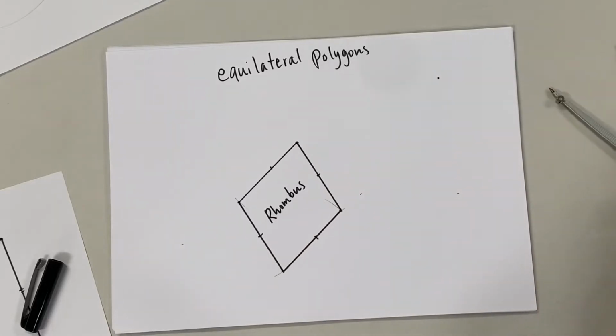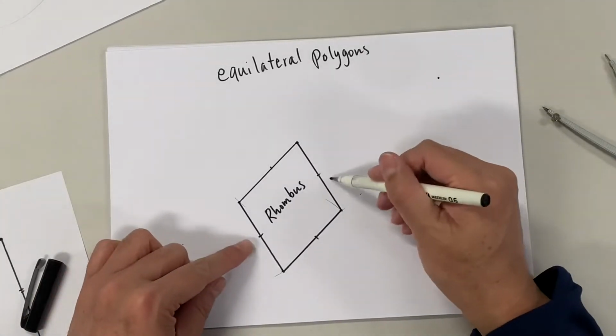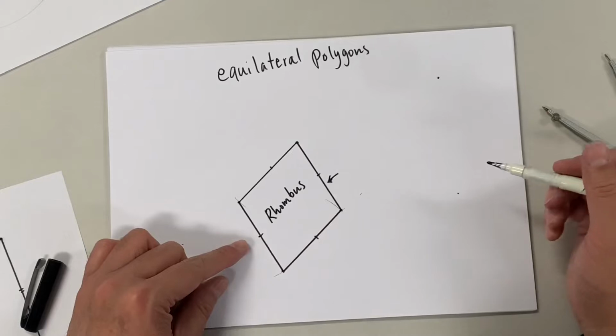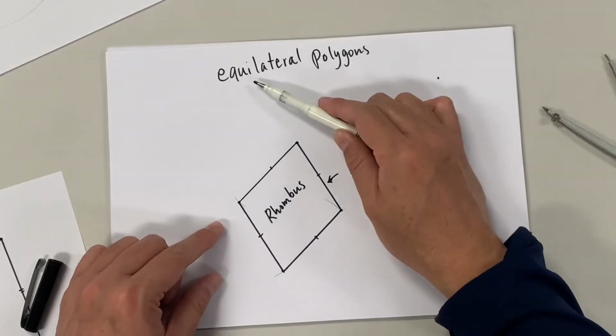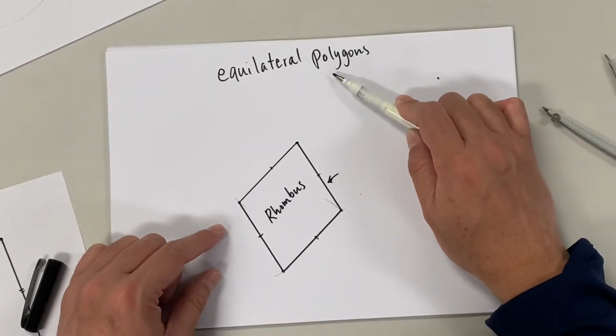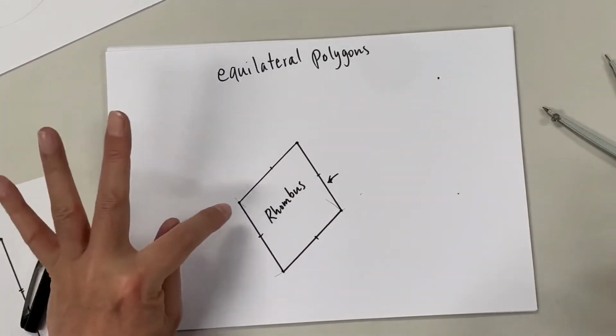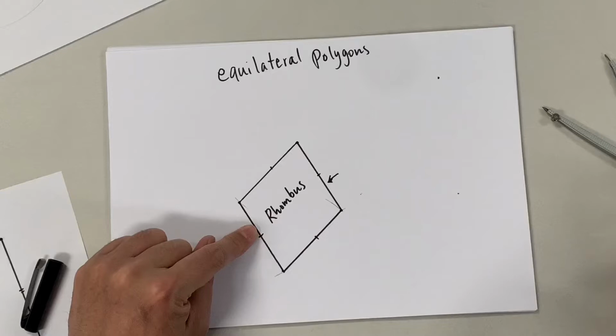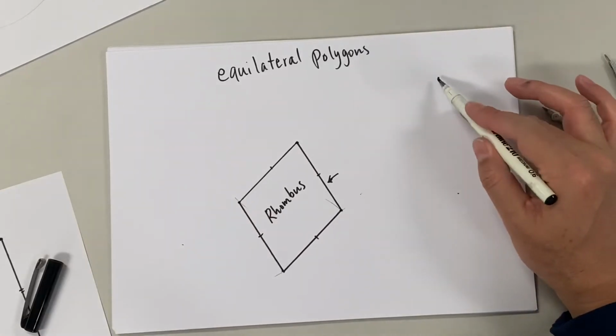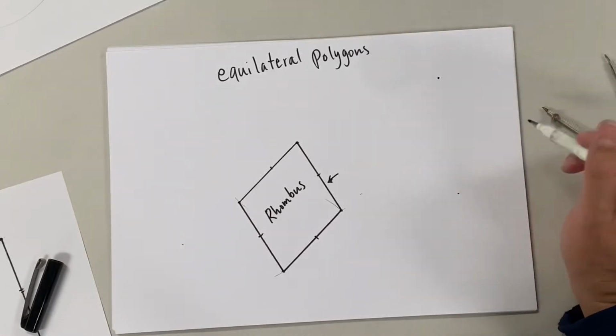Now, I wonder if you can make this to start with. How can I make an equilateral pentagon? You can pause the video and give it a shot. Let's draw a rhombus. Try to draw an equilateral pentagon as well.